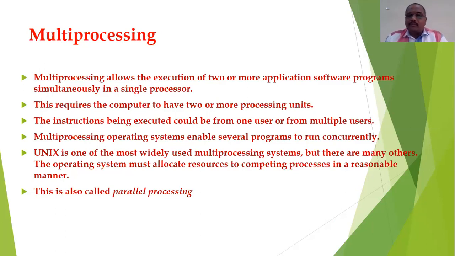A multi-processing operating system enables several programs to run concurrently. Simultaneously, we can run multiple programs. For example, Unix is one of the most widely used multi-processing systems, but there are many others. I'm giving you Unix as an example because when you studied basic computing, you might have studied different operating systems.